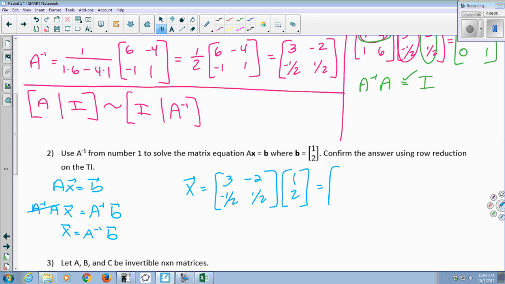My result should be a 2 by 1 vector: 3 times 1 plus -2 times 2, and -1/2 times 1 plus 1/2 times 2. So we have 3 minus 4 is -1, and -1/2 plus 1 is 1/2.